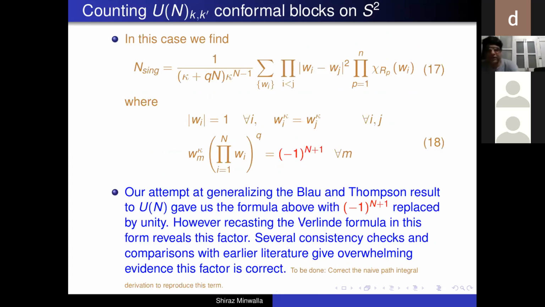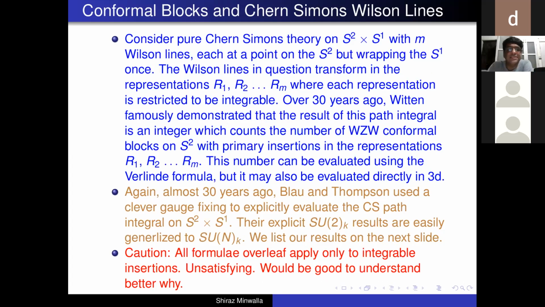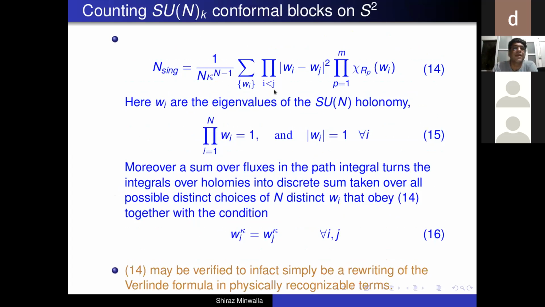So first, I'm going to give you the answer to this question. The answer to the question, what is the path integral when we have these R1, R2 up to Rm insertions in the pure SU(N) Chern-Simons theory, turns out to be very simple. What we're supposed to do is this.